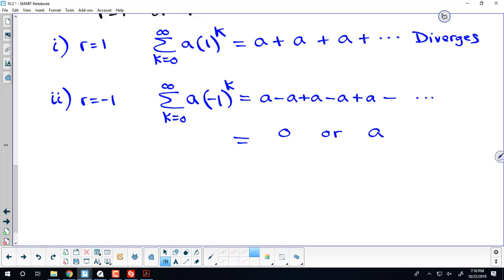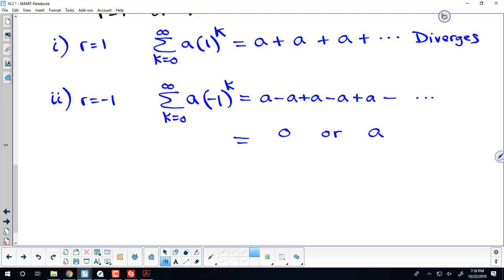The idea is that you can't really stop at adding an even number of terms or an odd number of terms, because it goes on forever. At the very basic level, convergence is the same as a limit. In order to have a limit, you have to approach a single number. In order to converge to something, you have to approach a single number.